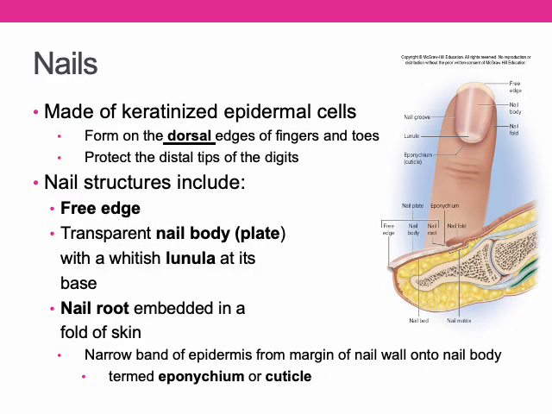The next derivative of the skin we will be talking about is the nail. So, nails are made of keratinized epidermal cells, and these cells are densely compacted to one another, forming the hard structure of the nail. Nails can be found on the dorsal edges of the fingers and toes.